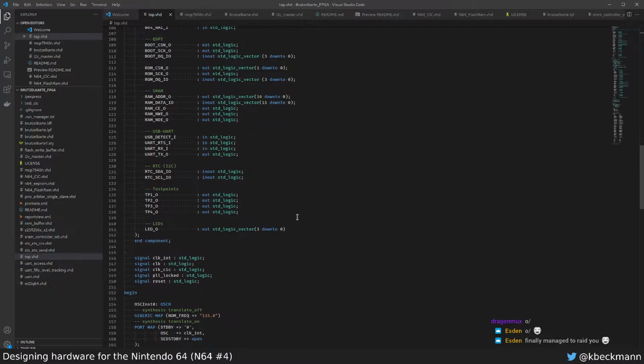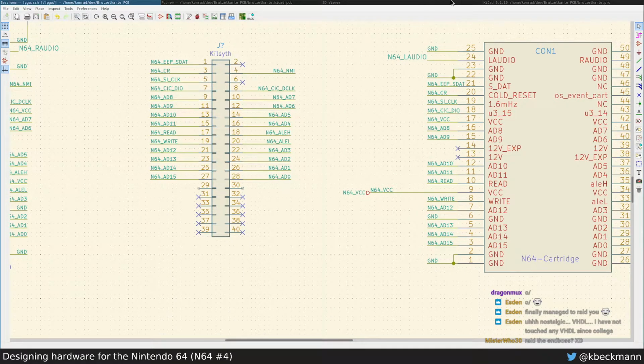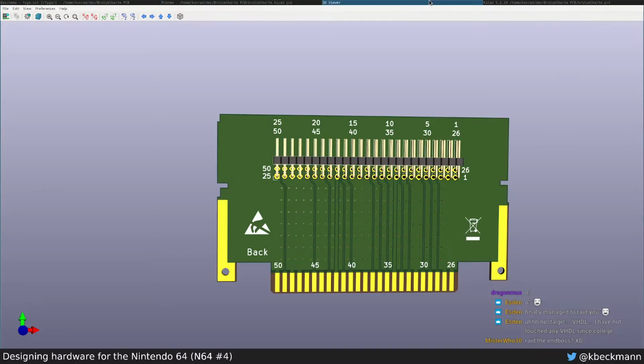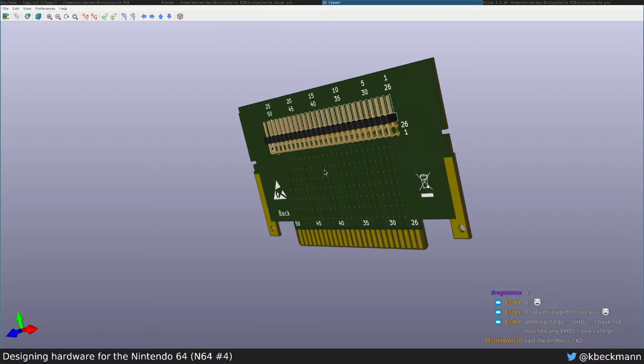Just to give people who just joined a really quick overview: I'm currently working on a flash cartridge for the Nintendo 64, and in order to prototype quickly, I made this super simple cartridge breakout board.